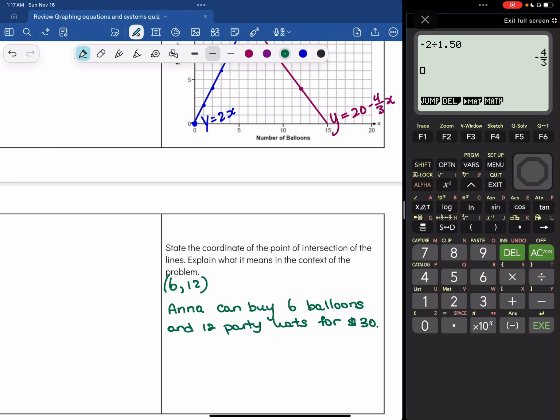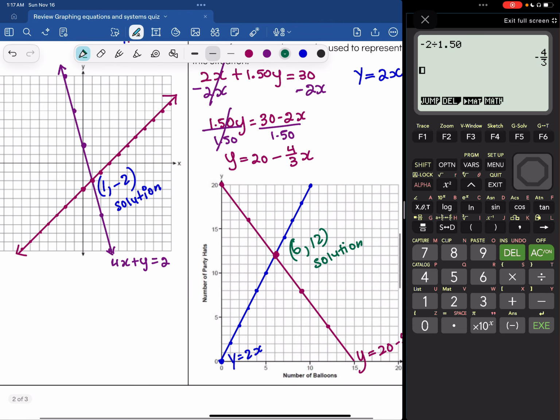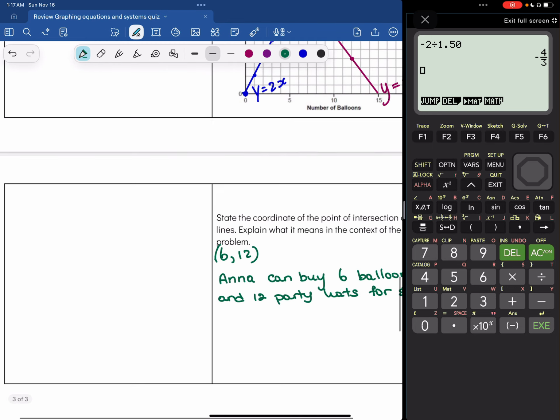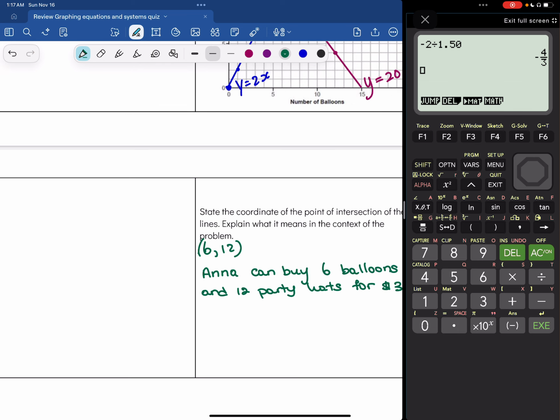Right? And also in our equation, y equals 2x, right? Party hats is double the number of balloons. 12 is double of 6, right? 6 times 2 is 12. So that also checks out, that works.